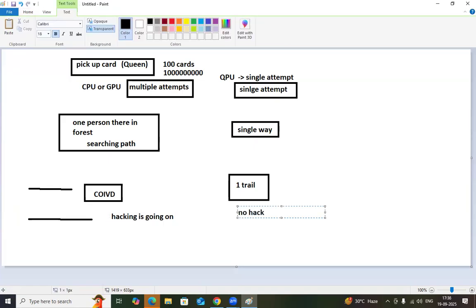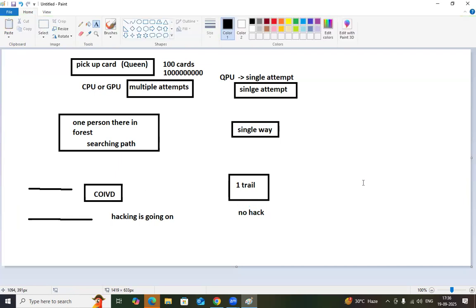Security will be very high for the financial systems of India or any country. Hacking is going on with the CPUs and GPUs, but there is no hack with the concept of QPU. That is one more example I'm trying to provide here.